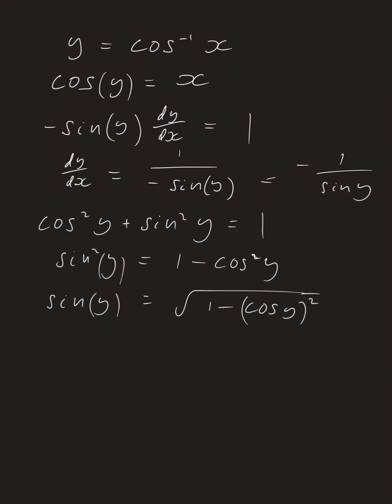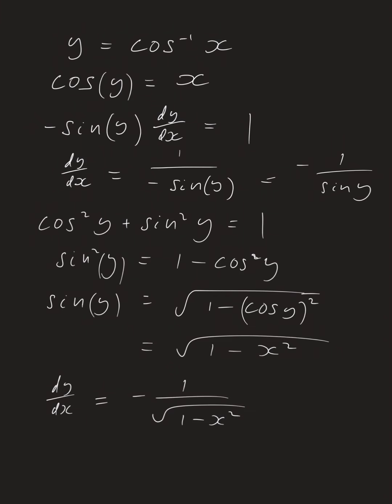That's just rewriting it. Now again, look back at this line. Cosine of y is just x. So that is equal to the square root of 1 minus x squared. And now I can substitute back in. dy dx is equal to minus 1 over the square root of 1 minus x squared. And that's it. It's just like the one for inverse sine.